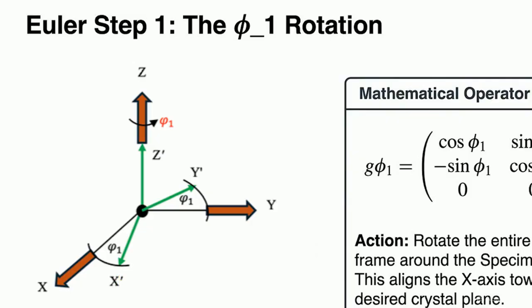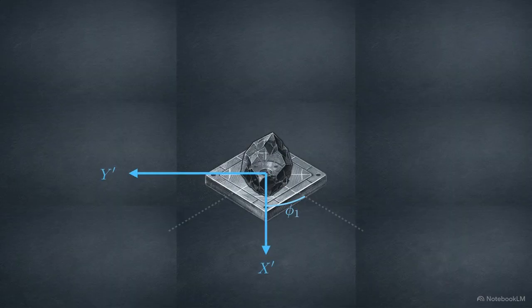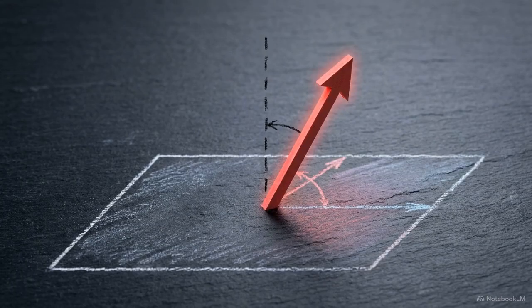While the physical action is mechanical, the software executes it using this mathematical operator, matrix G phi 1. At this stage, the horizontal azimuth is established, but the vertical alignment of the plane is still disconnected. This first rotation establishes a base heading, but necessitates a subsequent tilt to align the plane's true normal.